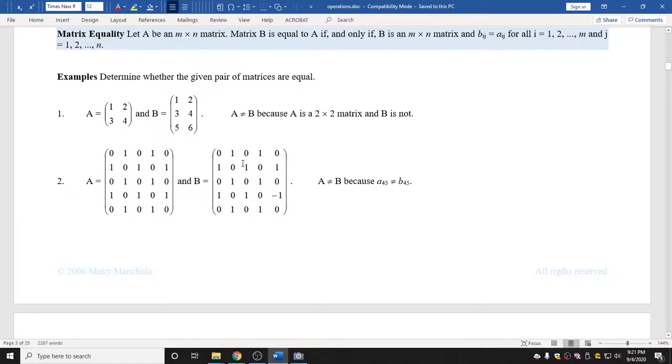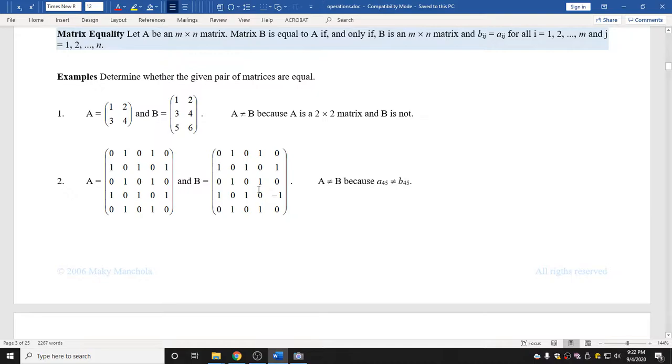B, first row is the same as the first row of A. The second row of B is the same as the second row of A. The third row of B is the same as the third row of A. But notice that in the fourth row there is a mismatch.